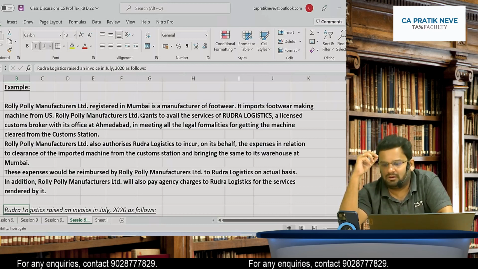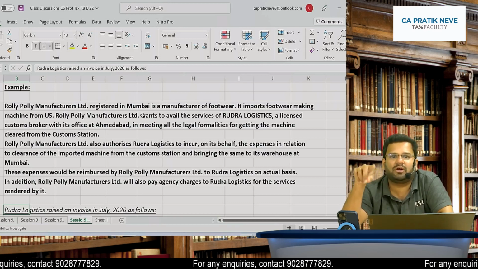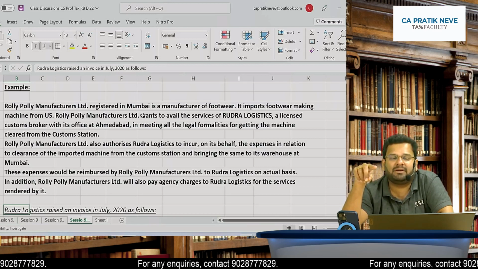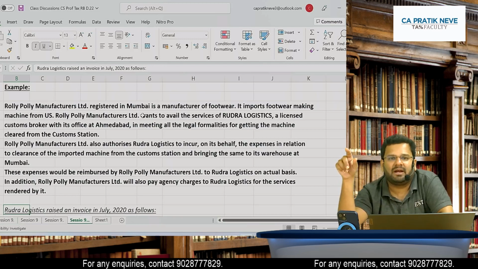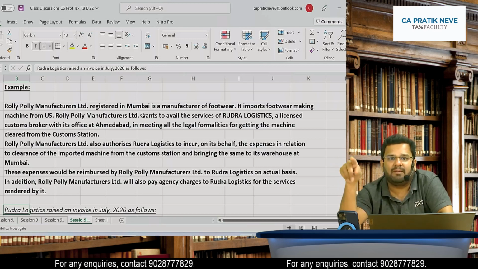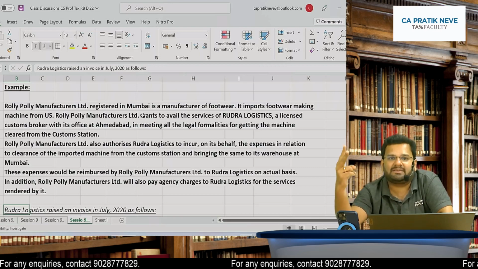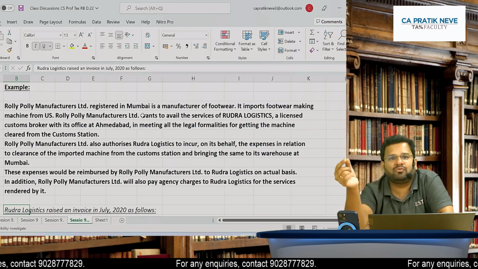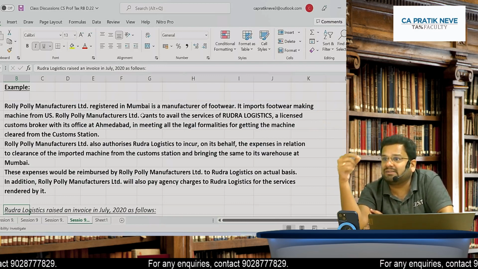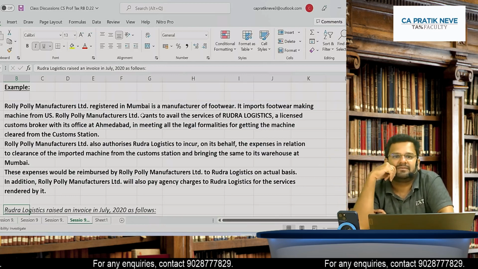First of all, in second-hand goods, this issue will not happen. In second-hand goods, suppose there is ABC Motors and you are an unregistered person. ABC Motors is purchasing from you for 2 lakhs and selling for 2,50,000. When they are purchasing from you for 2 lakhs, you are the supplier, but you are not registered, so you are not charging GST.